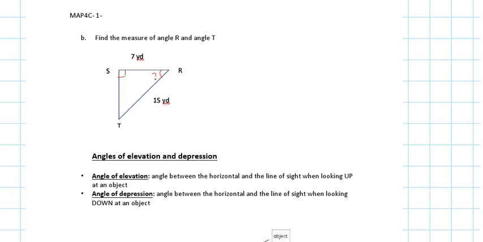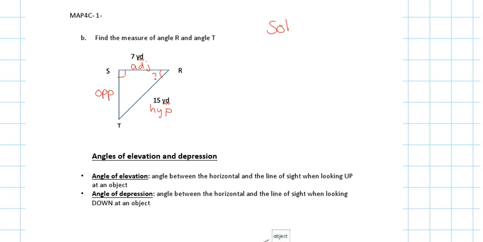Hypotenuse is? Opposite is? And adjacent is? The two sides that I know are adjacent and hypotenuse. So which ratio do I use?